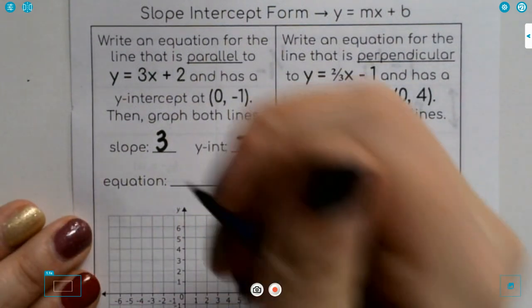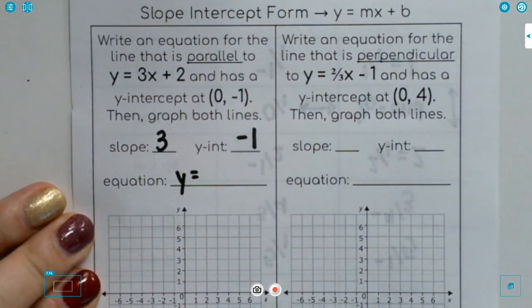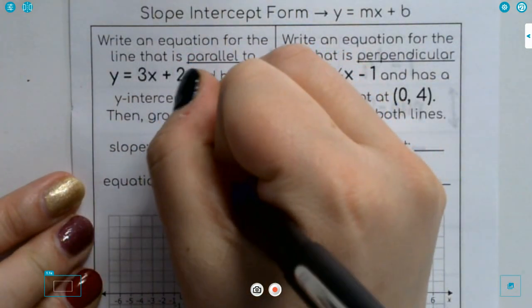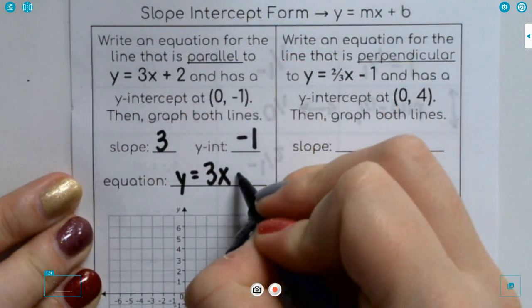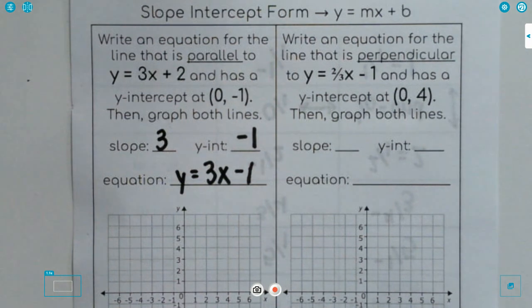It's going to be y equals, my slope is 3, so 3x minus 1. So that's the first thing that we're asked to do, to write that equation. And then we are asked to graph both lines. So we are going to do that now.